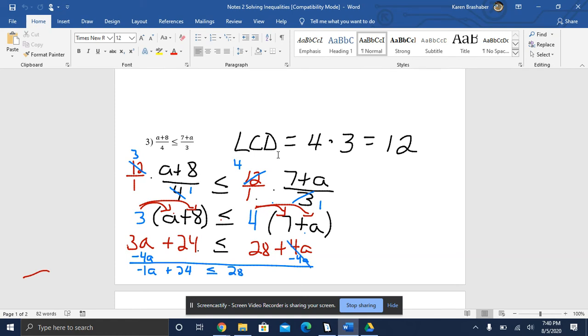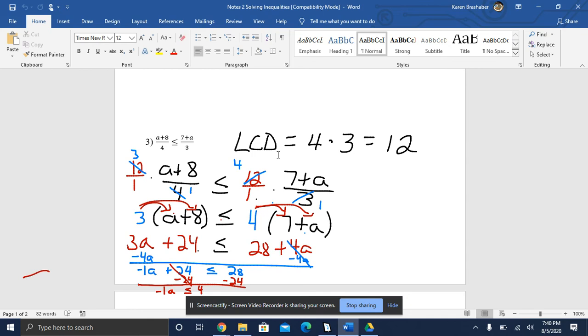I'm going to continue on by subtracting 24 from both sides of the inequality. And when I do that, this will zero out. I'll have negative 1a is less than or equal to 4.